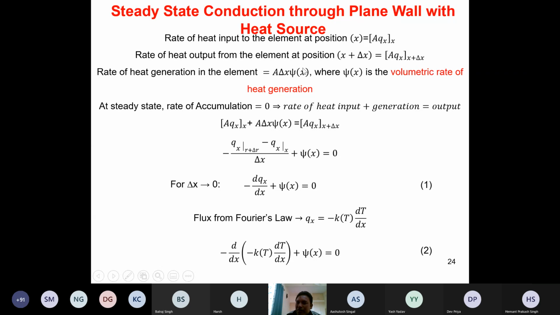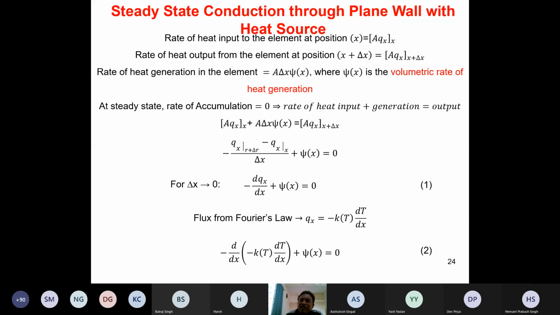Psi is the volumetric rate of heat generation. So the volumetric rate of heat generation multiplied by the volume gives me the rate of heat generation in the element. Is it clear to everyone? Now here we are assuming that psi is a function of X. That is what we are assuming right now.